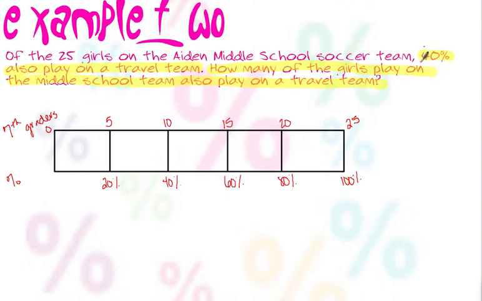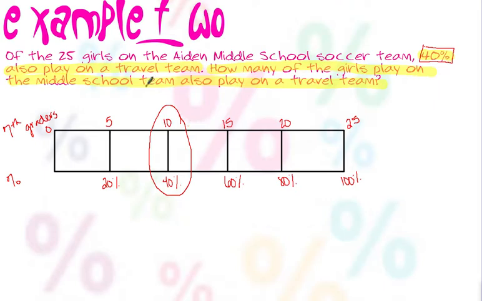So that 40% tells us I have the percent, I'm looking for the number, and I'm looking for the part out of the whole group of 25. So I look at my 40% and I see that it matches up with 10. So I know that 10 girls play on both the middle school team and the traveling team.